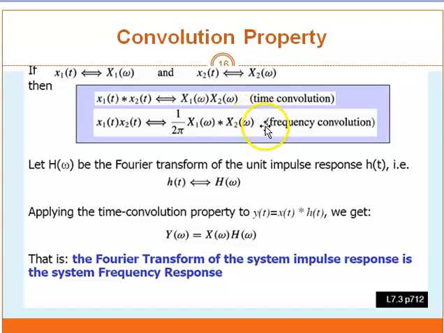Then frequency convolution, when you have x1(t) times x2(t), that will become 1 over 2 pi X1(omega) convolved with X2(omega), meaning that multiplication in time becomes convolution of those two frequency signals.